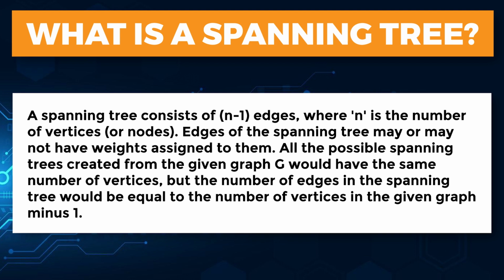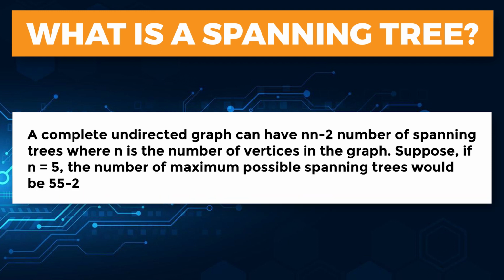All the other possible spanning trees created from the given graph would have the same number of vertices, but the number of edges in the spanning tree would be equal to the number of vertices in the given graph minus 1. A complete undirected graph can have n to the power n minus 2 number of spanning trees, basically n multiplied by n minus 2, where n is the number of vertices in the graph.